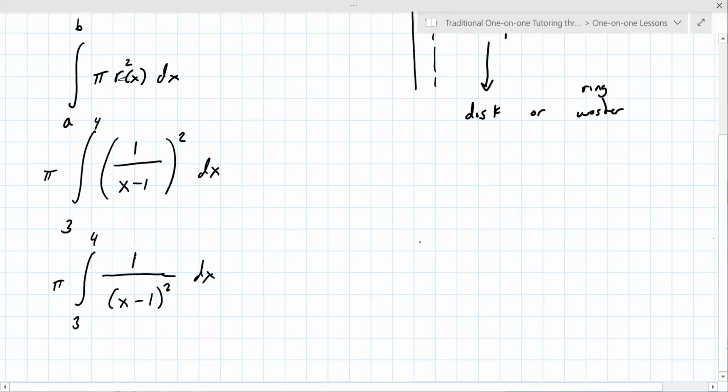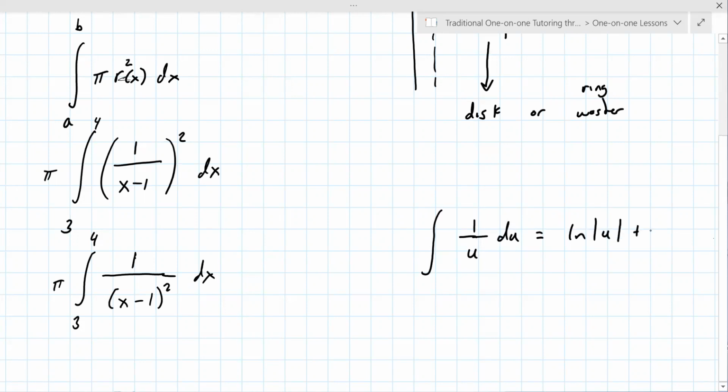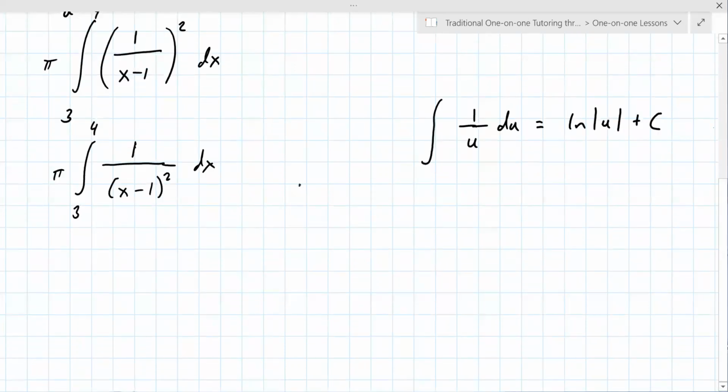And I think chapter 7, based on what I saw last time in chapter 6, in chapter 7 you learned that the integral of 1 over u du is the natural log of the absolute value of u plus c. You remember that from last chapter? So if we can make this look like that, we're in good shape. So u in this case is x minus 1, and then du is dx. You take the derivative of both sides. This is a u sub integral.